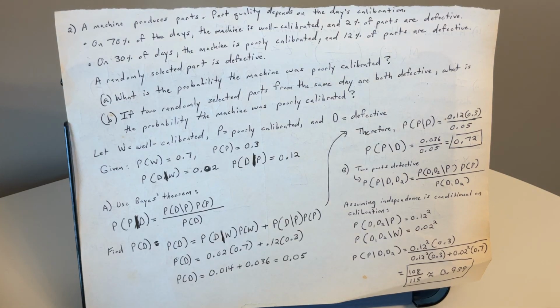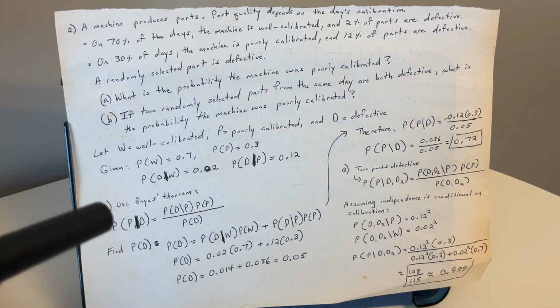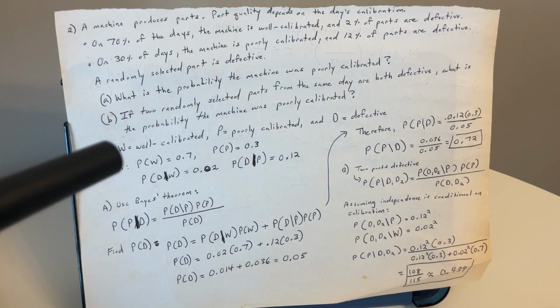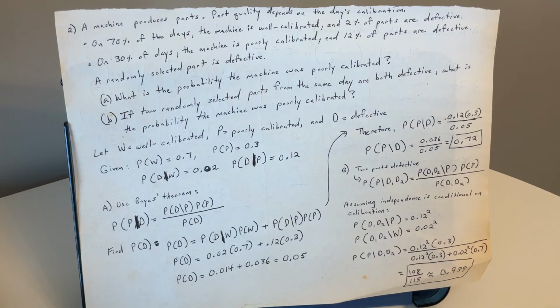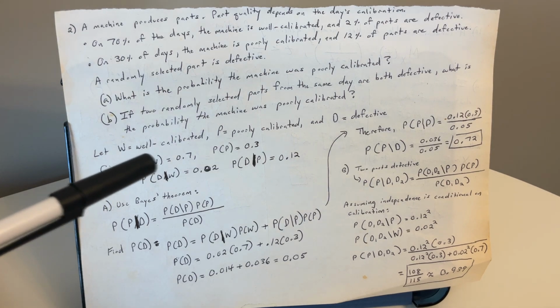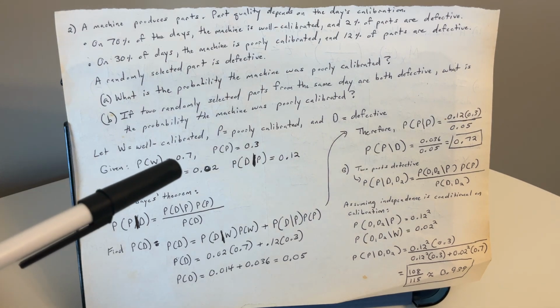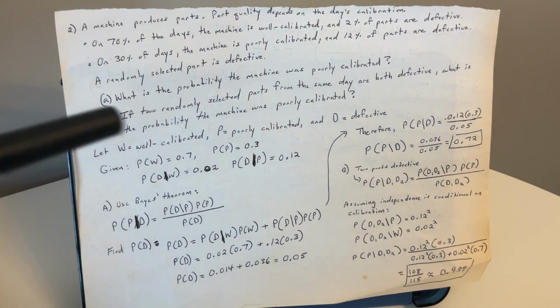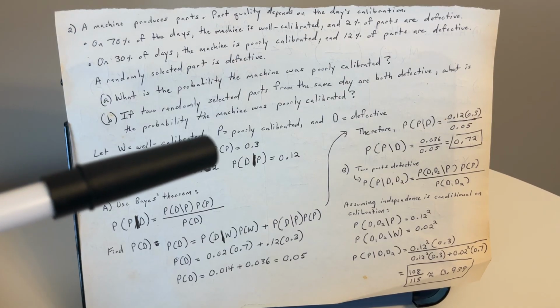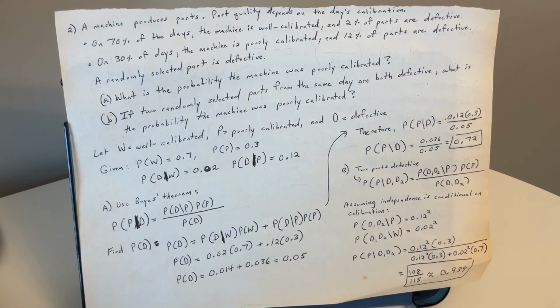Part A, what is the probability the machine was poorly calibrated? So here's what we'll do. Part A, we're going to let W equal well calibrated, P equal poorly calibrated, and D equal defective. Then we have P of W is 7/10, and P of P is 3/10.